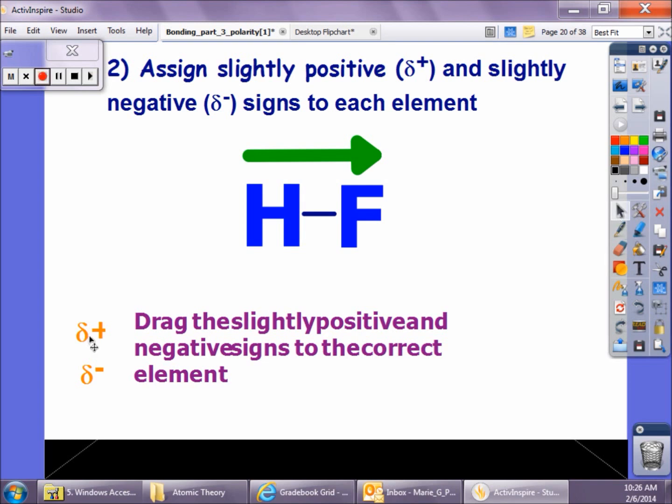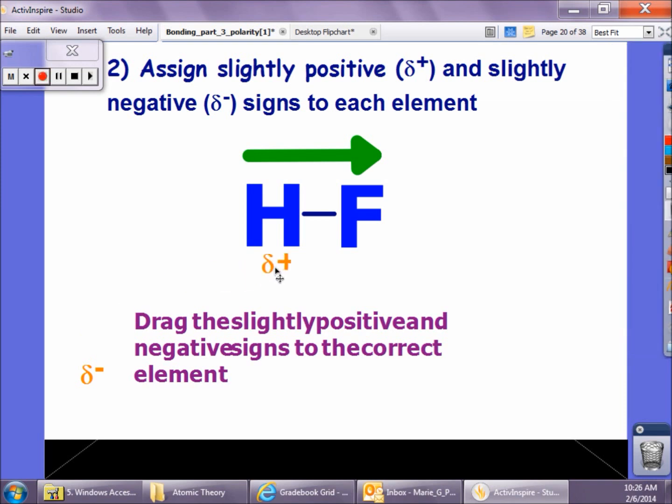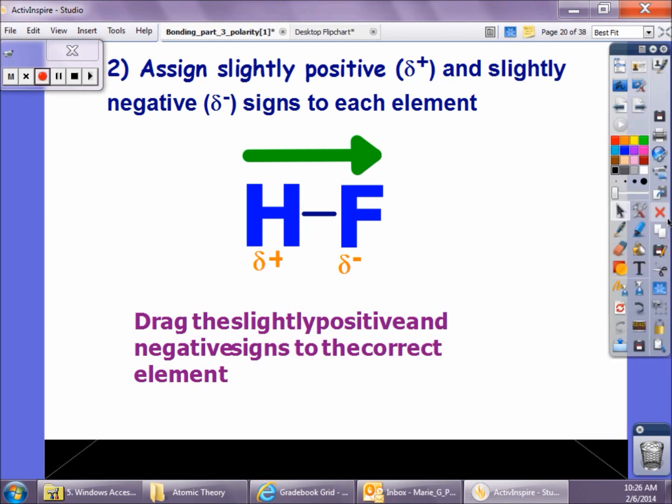So I drag the slightly positive charge right here and the slightly negative charge toward the fluorine, because fluorine is more electronegative. We say slightly negative because it is not really a full charge. They are not cations and anions. All right, so you show the one that is more electronegative has a slightly negative charge. Let's move on.